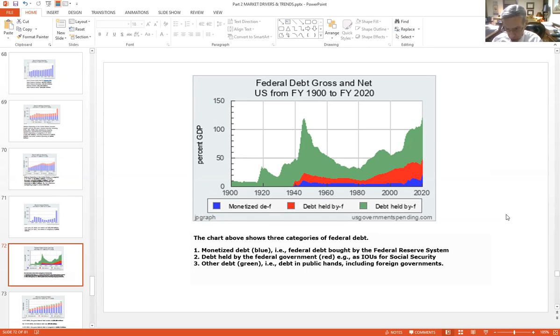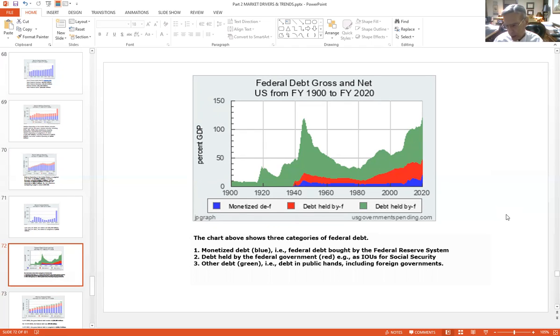In other words, Social Security payments come in from your payroll stubs and my payroll deductions, and it's turned over to the government. And so the government owes the Social Security fund the amount that you see in the red wedge.